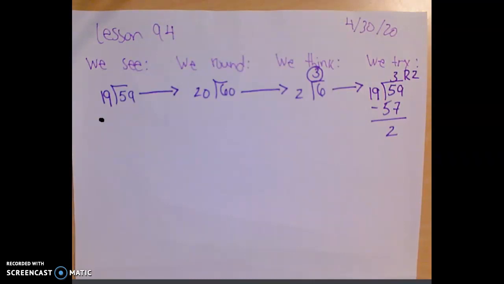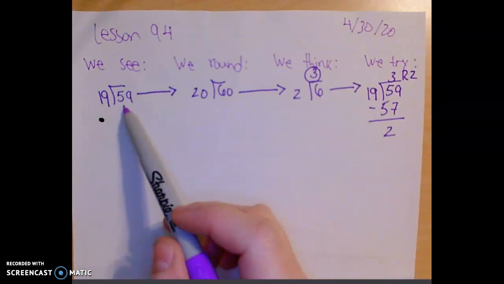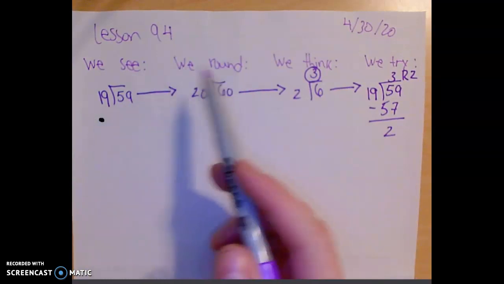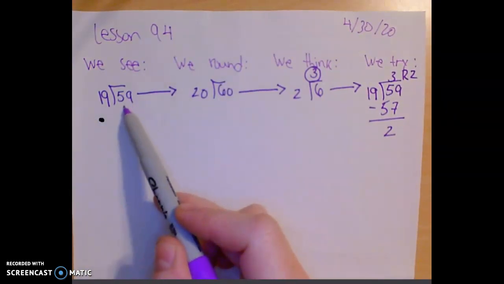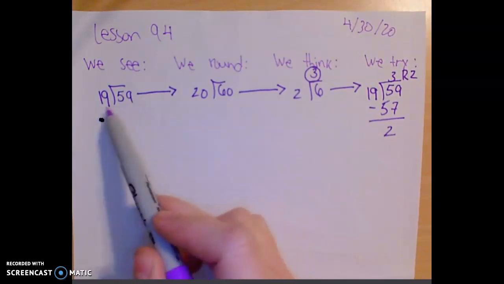What we're going to learn today, we're going to be using our guess, our estimation here, but we're not estimating what the problem is going to be. We're just estimating how to get started with our problem. So if I start with 59 divided by 19, what we see here is that I have two numbers.